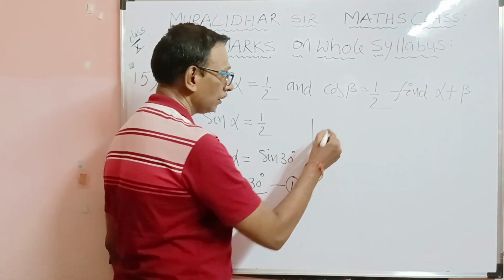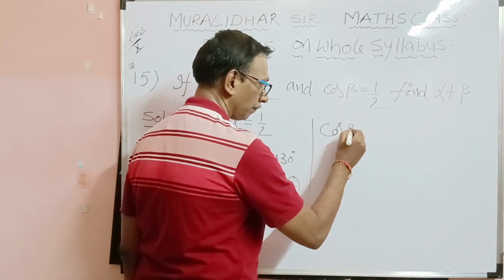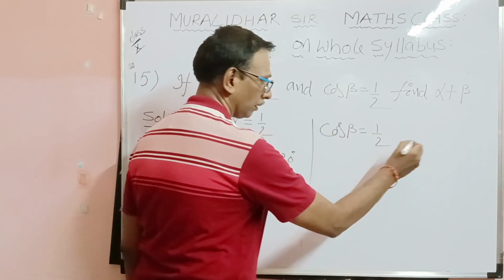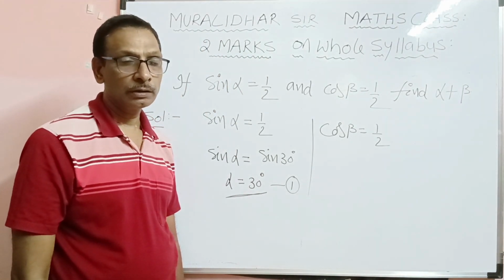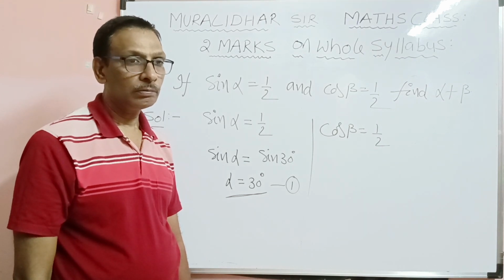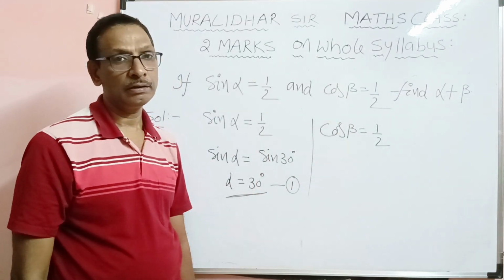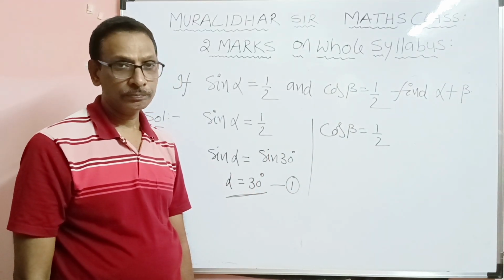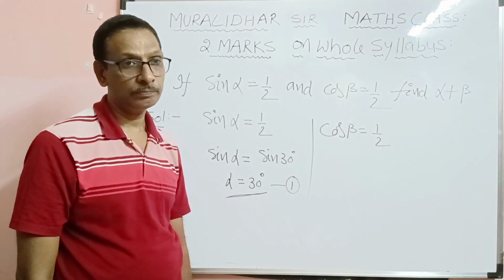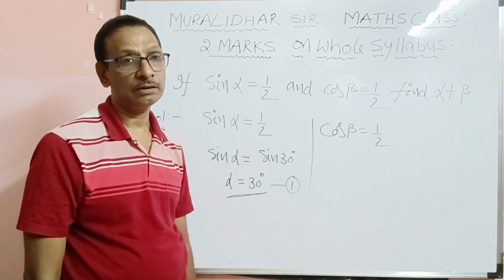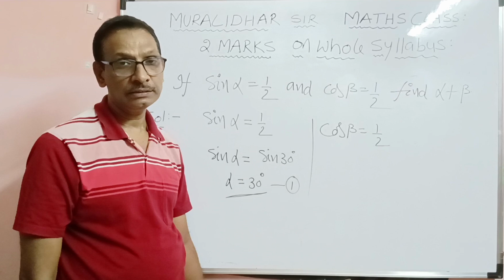Similarly, cos beta is equal to 1 by 2. Now recall all the cos values: cos 0 is 1, cos 60 is 1 by 2, cos 45 is 1 by root 2, cos 30 is root 3 by 2, cos 90 is 0.